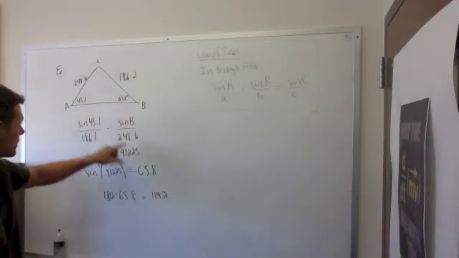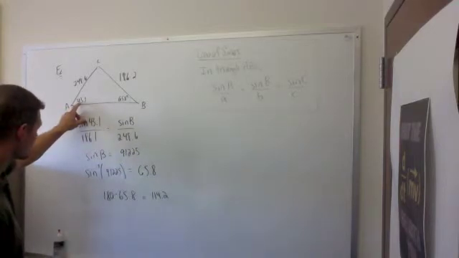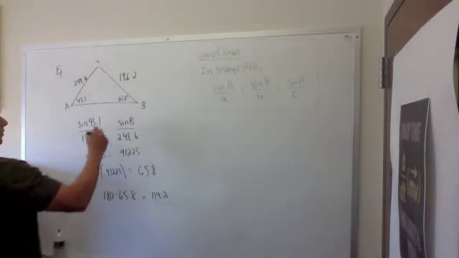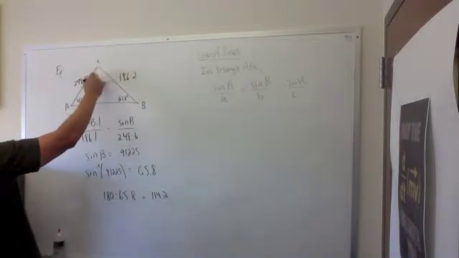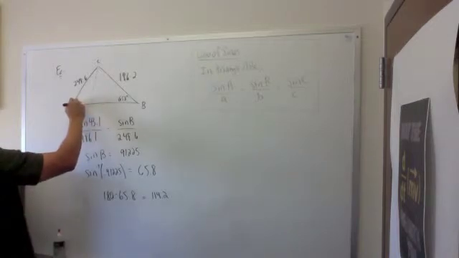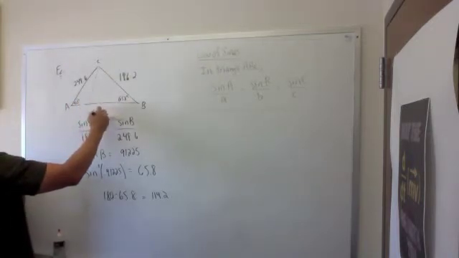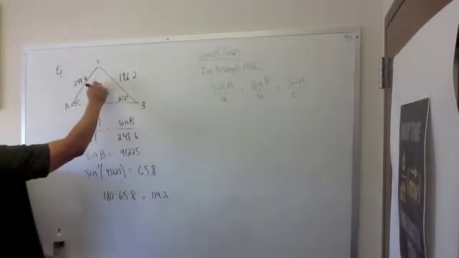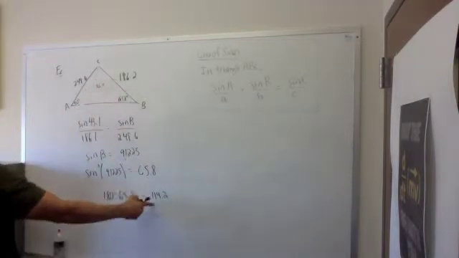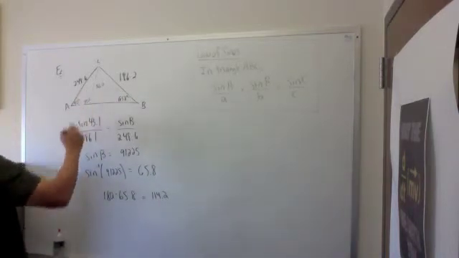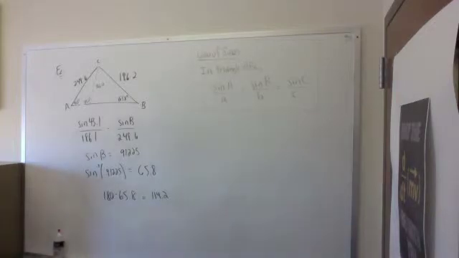But since it's 114, that can also be a possible value for the angle measure of B. So I have a new 43.1 degrees, and a new possible measure of B, where this distance is still 186.2, but this angle is 114.2 degrees.